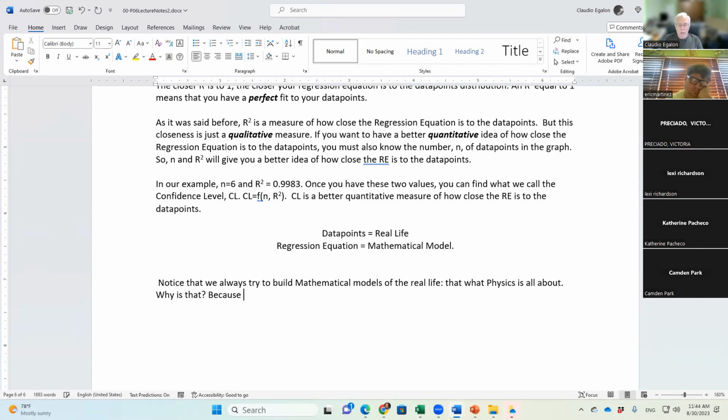Because we want to have a predictive ability, okay? The ability to predict how nature behaves.